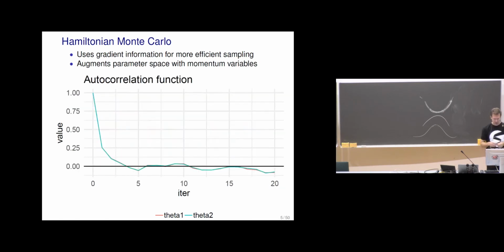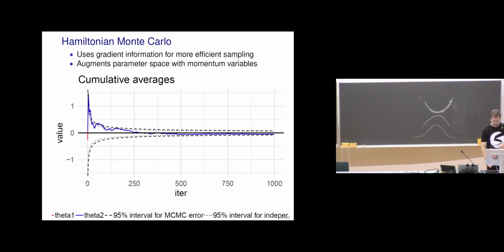And if we look at the autocorrelation function, autocorrelation goes down much faster. It's around lag 4 that we already have zero autocorrelation. Which means also that this is very close to what we would have with independent draws.